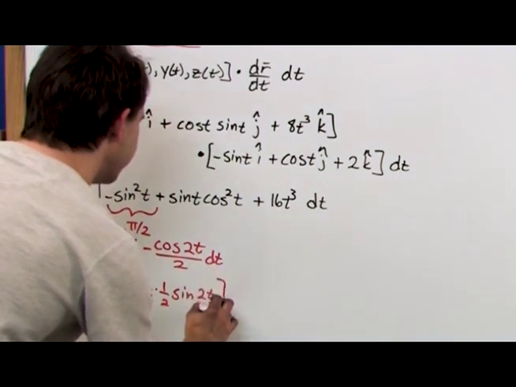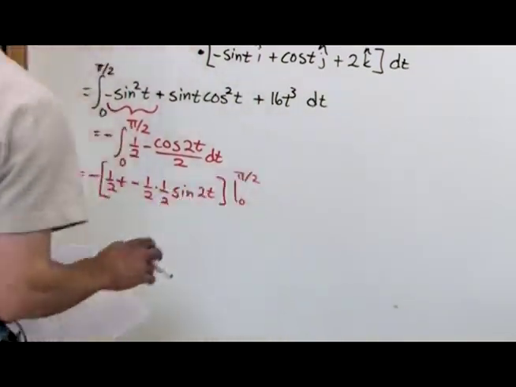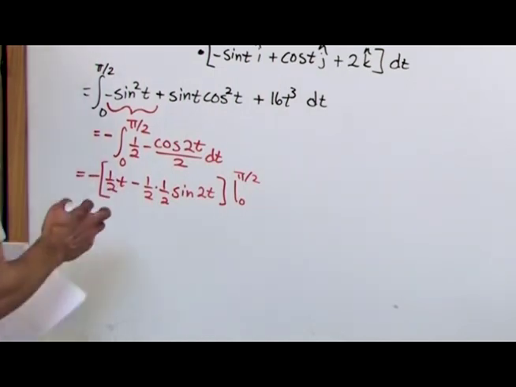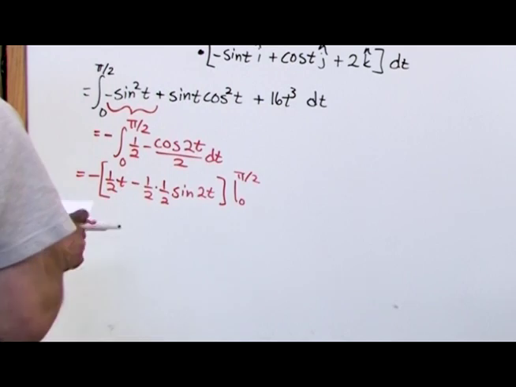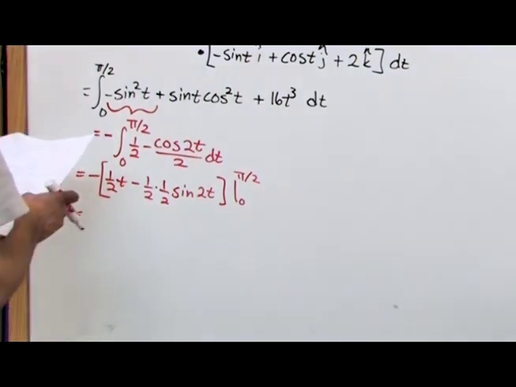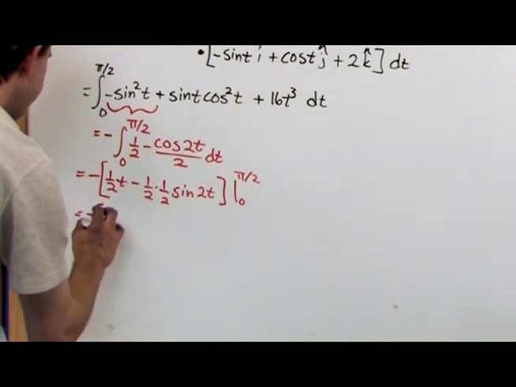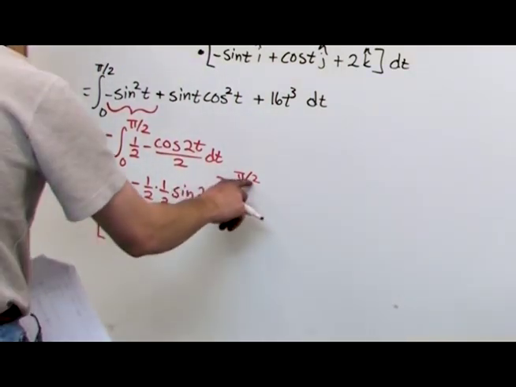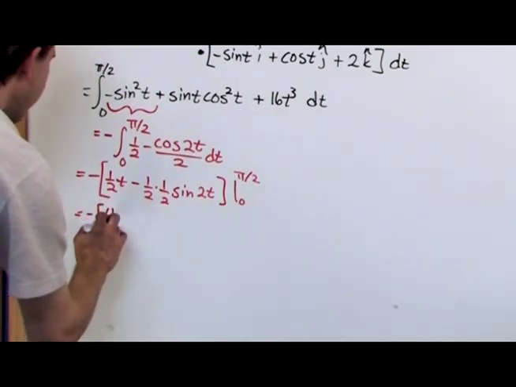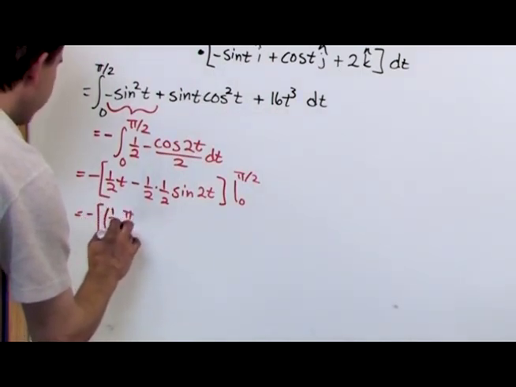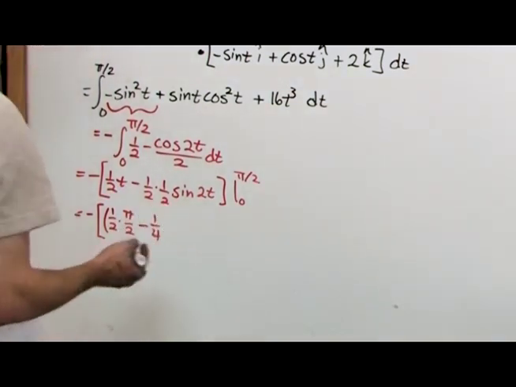All right, and I think that's it. And you evaluate from 0 to pi over 2. So what you're going to have here, just to make it a hair easier, is negative, and then on the inside, you plug in pi over 2. So you're going to have 1/2 times pi over 2, minus 1/4, since 2 times 2 gives me the 4.